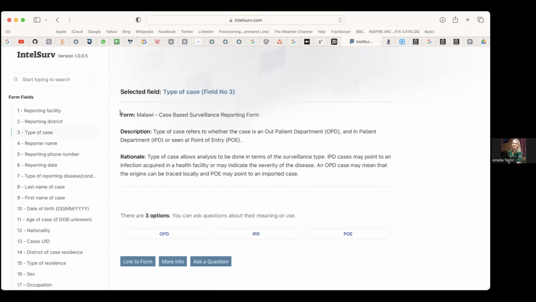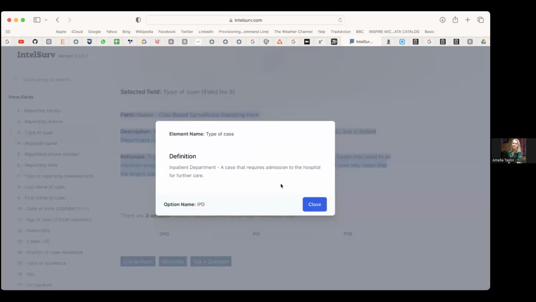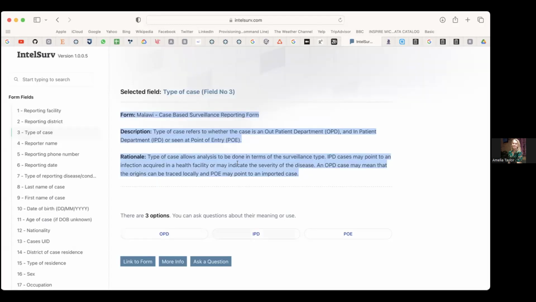So we wanted to give information about what they were seeing on the form, and also the rationale, why should you collect this data? What's the relevance of that data? What's the meaning of the options on the form? Like OPD, what's the meaning of OPD and so on, abbreviations basically.